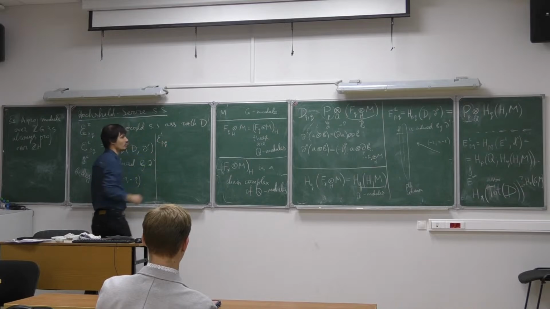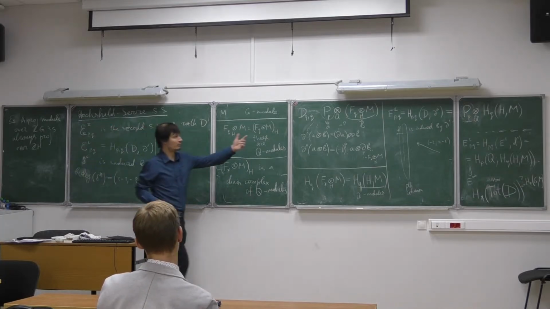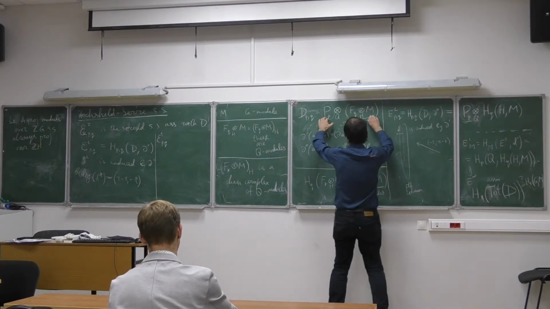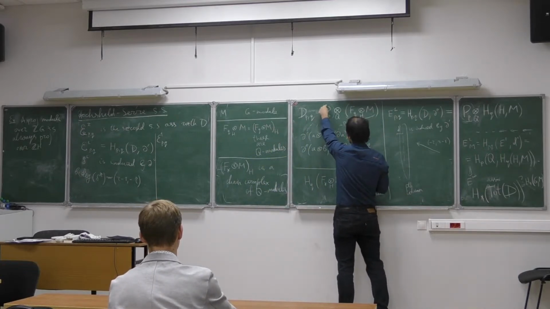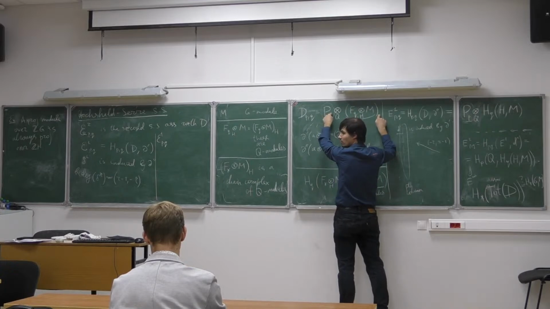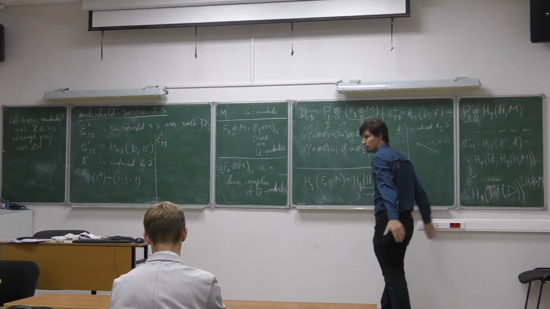Let us write it down more explicitly. We take the homology of this double complex with respect to this differential. So we take a projective resolution of P, tensor it by such a module, and compute the homology.